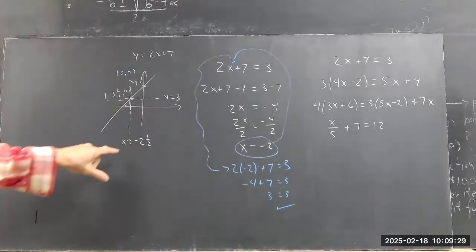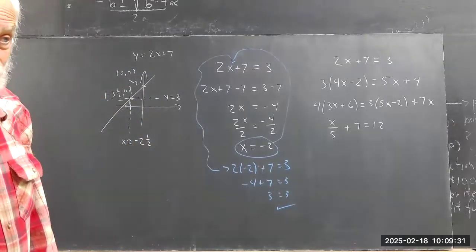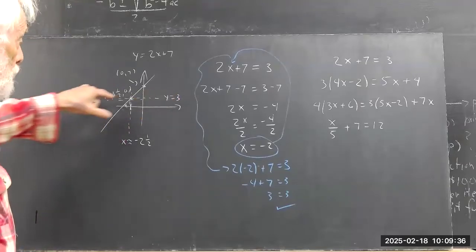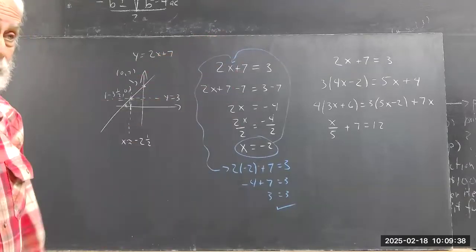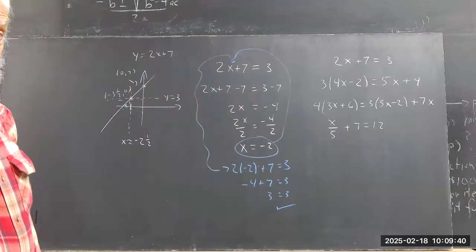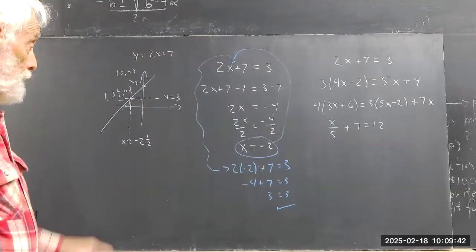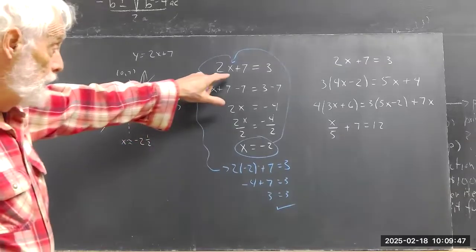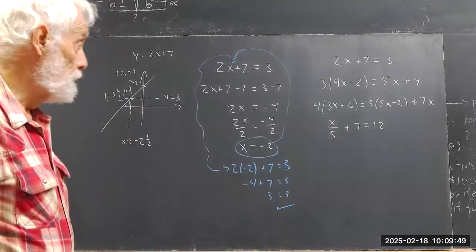So from a graph, we can estimate what x ought to be. So it is reasonable that x ought to equal negative 2.5, where the y equals 3 line meets the graph of the straight line.